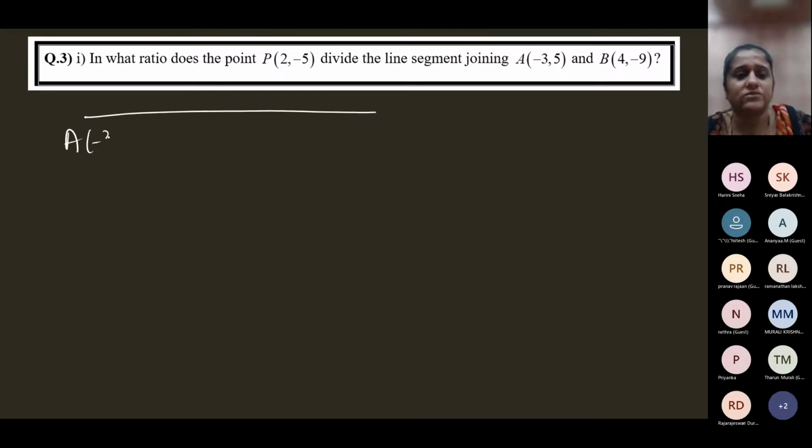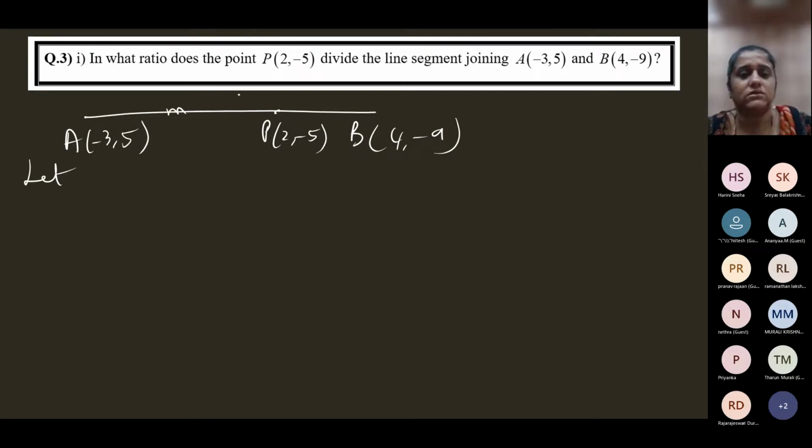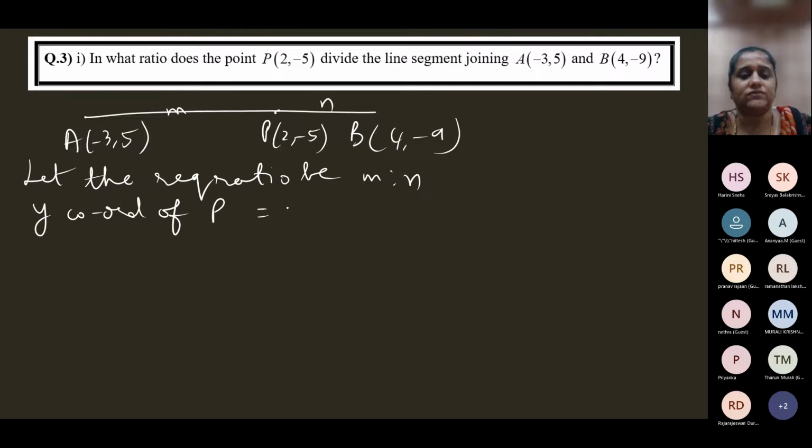So A is (-3, 5), B is (4, -9), and P is (2, -5). Let the required ratio be m is to n. The y coordinate of P is -5.